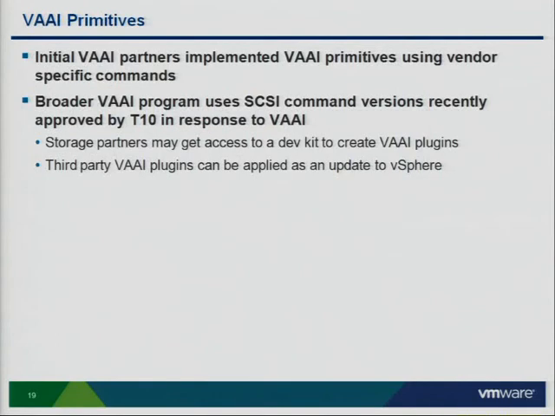During the 4.1 release timeframe, or previously before its release, we've been working with a number of our storage partners to provide unique vendor SCSI commands. In the very near future, we will broaden the participation for partners to adopt VAI.